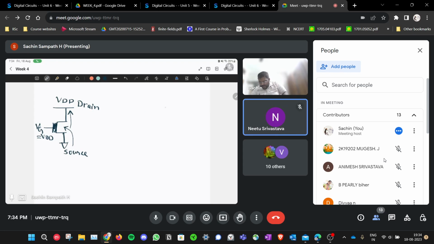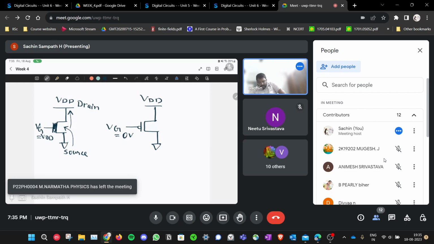Okay. And let's check for PMOS. For PMOS, suppose you give 0 volts. Now for PMOS, you take the holes. The direction of the holes is important, and holes can be thought of as positively charged particles.